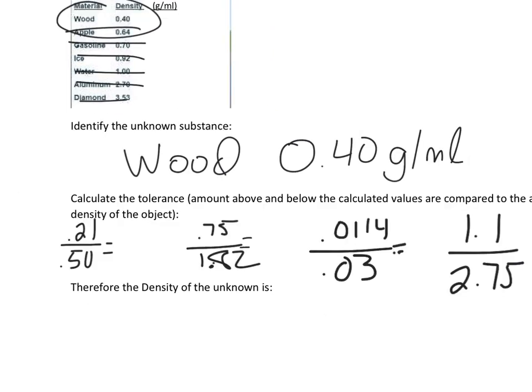As you'll see, I've written down each of the density calculations, and I'm going to do that now. So 0.21 divided by 0.50 is going to be 0.42.